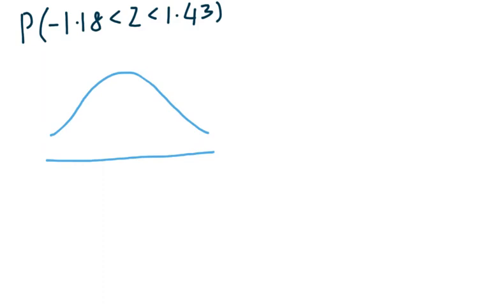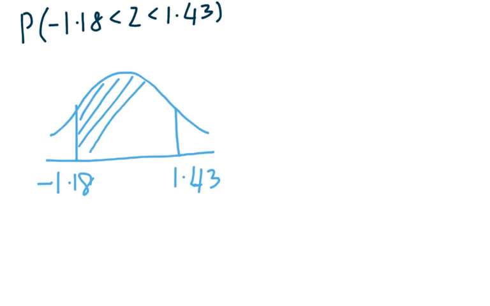So here is negative 1.18, and 1.43 is going to be on the right side. Lies between means that our shaded area is in the middle of these two values. So this is the shaded area that we want.